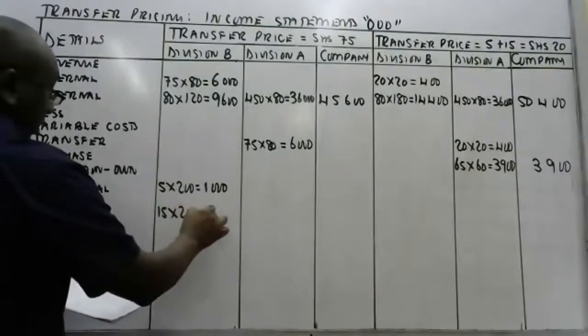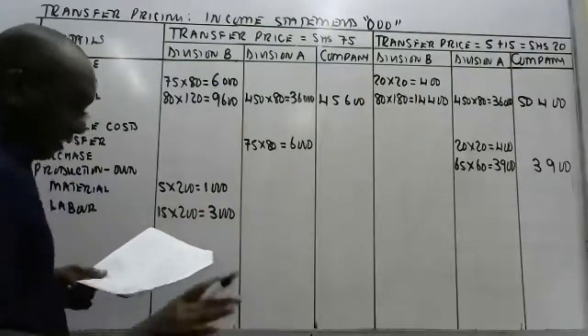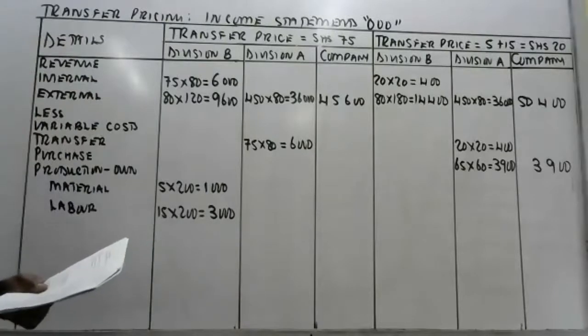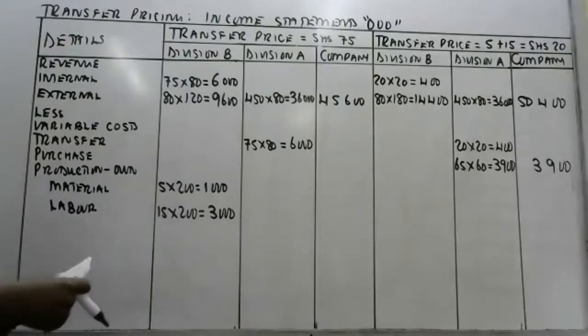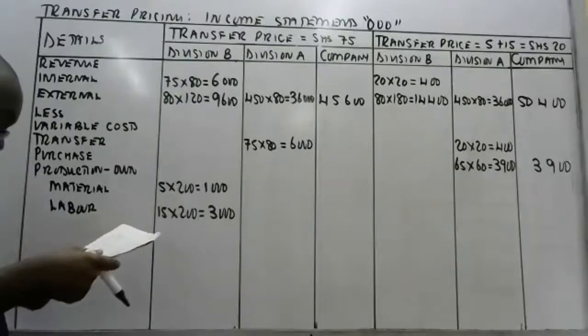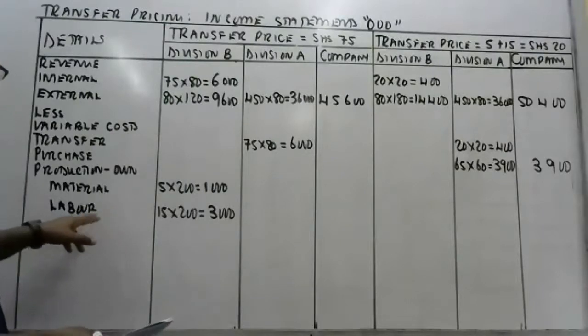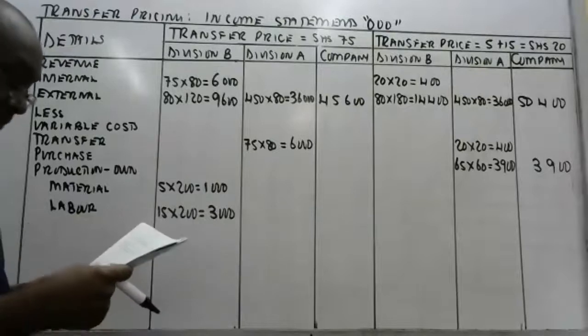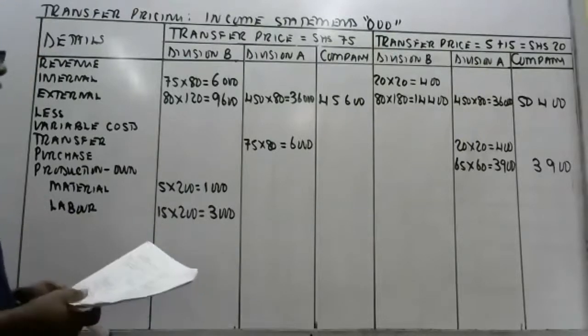Good. Those are the variables for B. And because we are still in B, let's go to A now, to ensure that we don't bring anything that is not there.